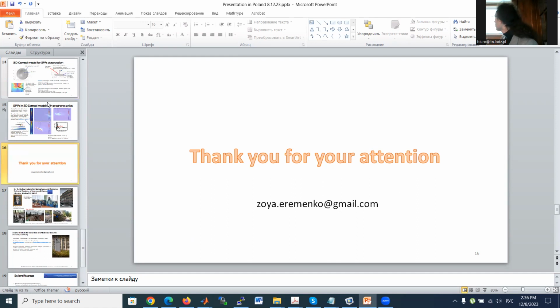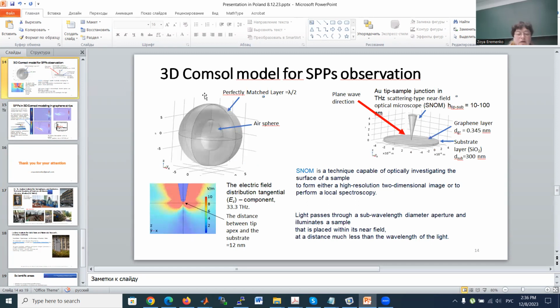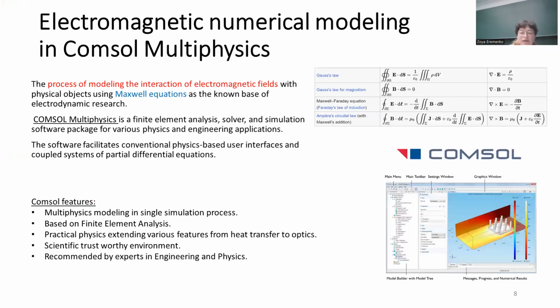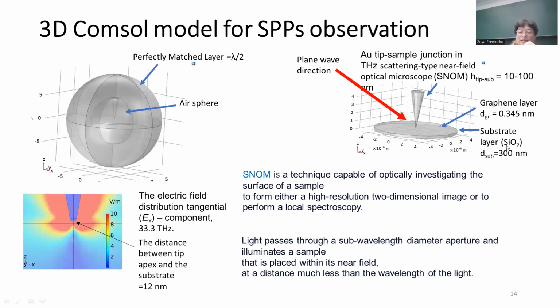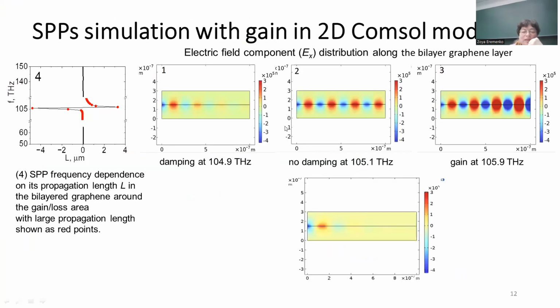What was the substrate you used for this sample? Oh, sorry. I use silicon oxide as the substrate in this modeling, and in the modeling with gain, on this slide, I used the same substrate, and a substrate of air.